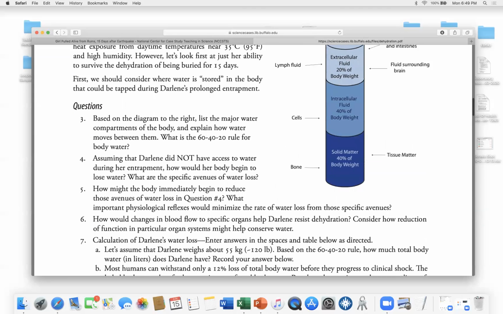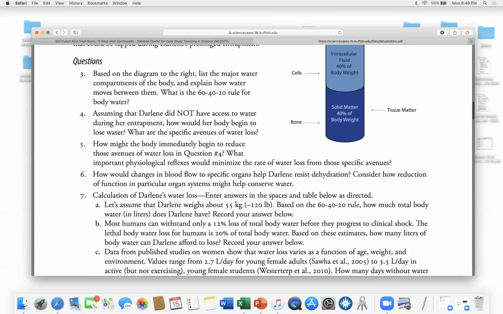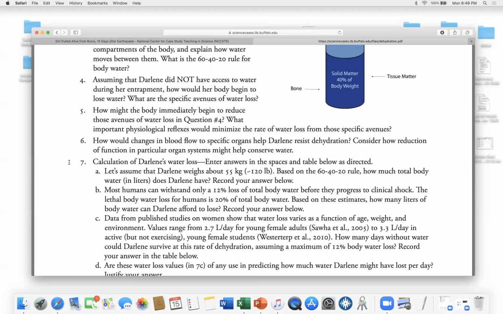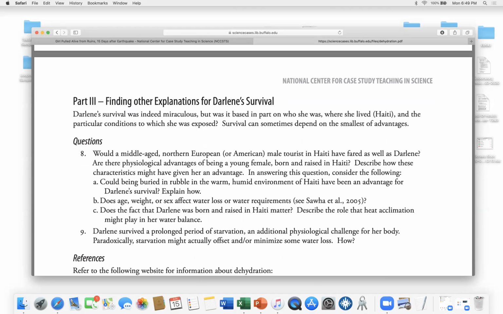So remember, part 1, those 1 or 2 questions. Part 2, questions 3, 4, 5, and 6. Do not do the calculation of Darlene's water loss. You will be doing that in your pathology class. So don't do the calculation questions, but you can also do part 3, questions 8 and 9.